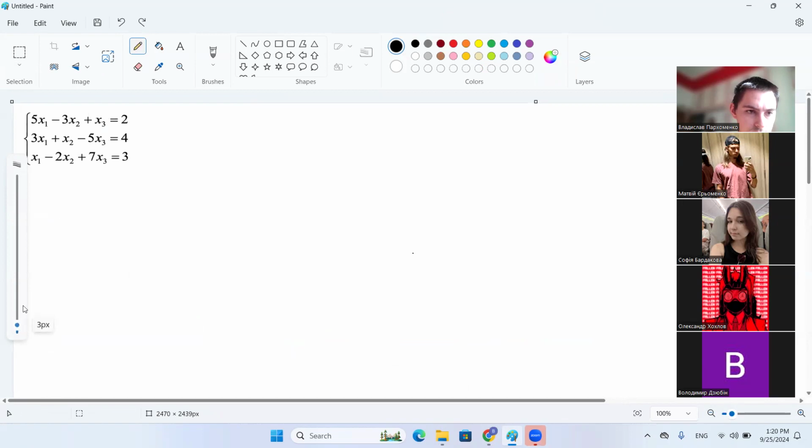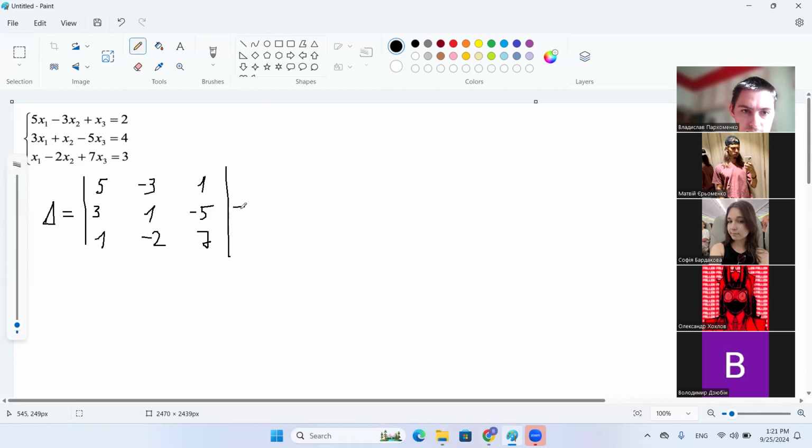Let's make it a bit thicker. Let's mark it as delta, one of the ways to mark determinants, with different symbols. Okay, and who wants to assist?